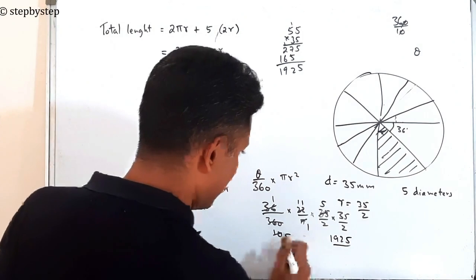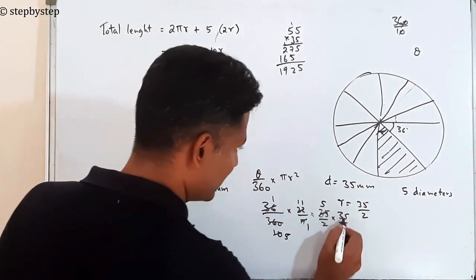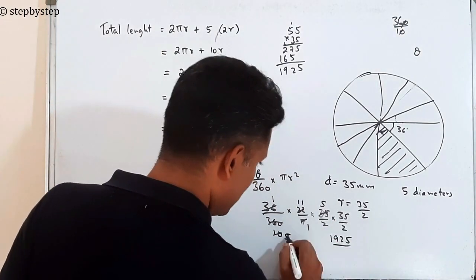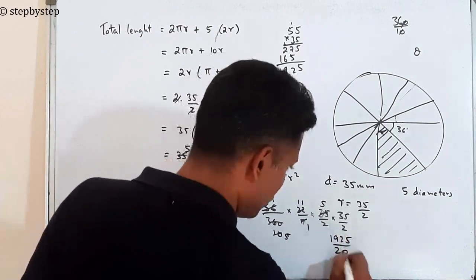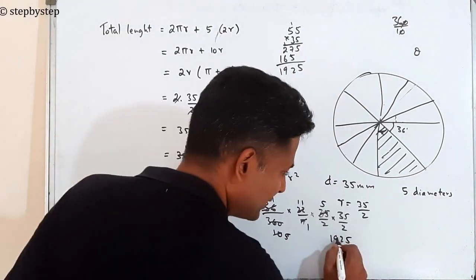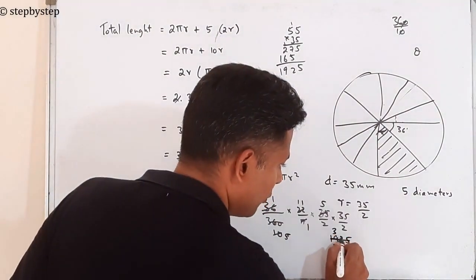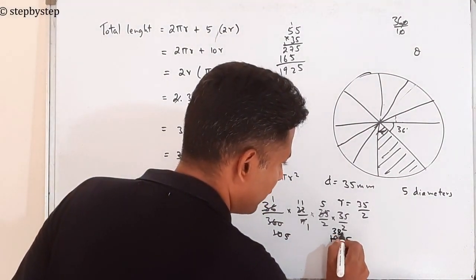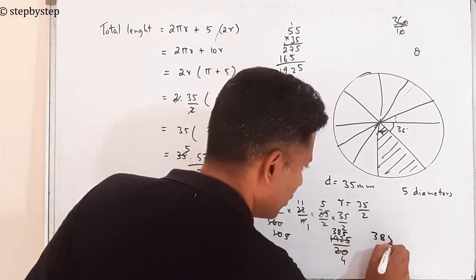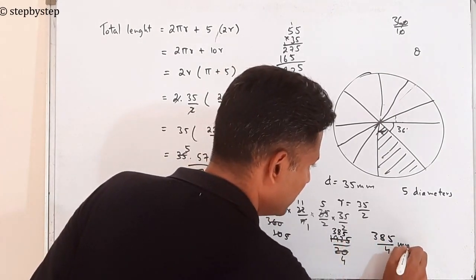Actually, I could have simplified it here as well. Okay, fine, no problem. Now I'll simplify further, and we get 385 by 4 mm square.